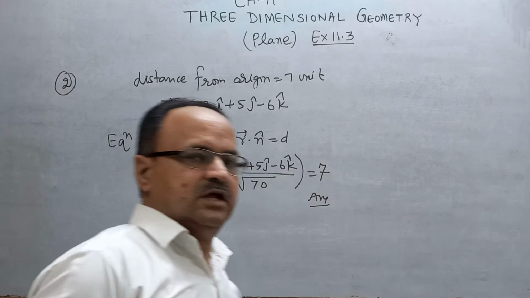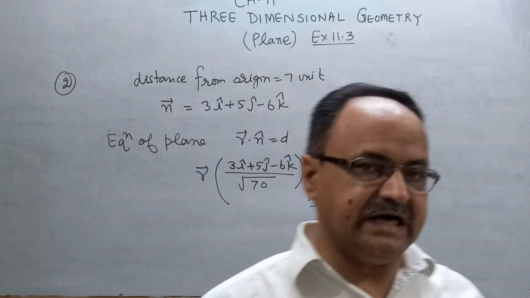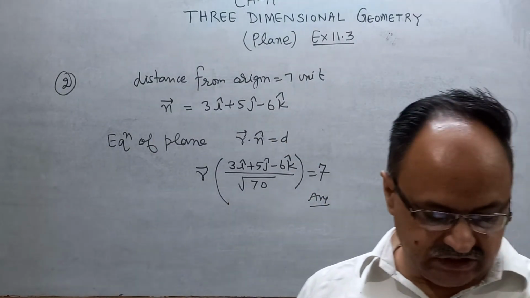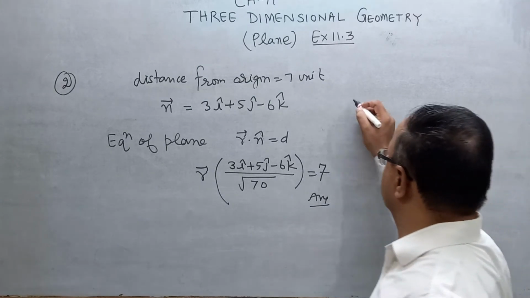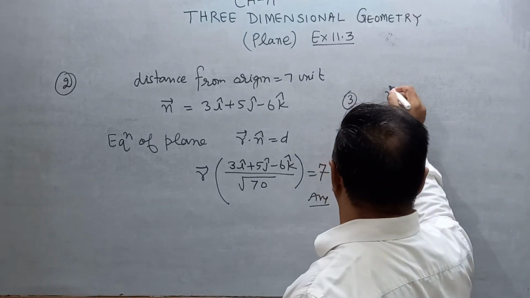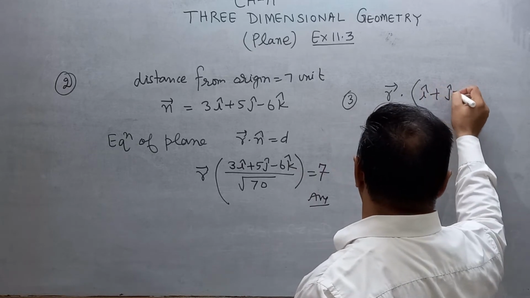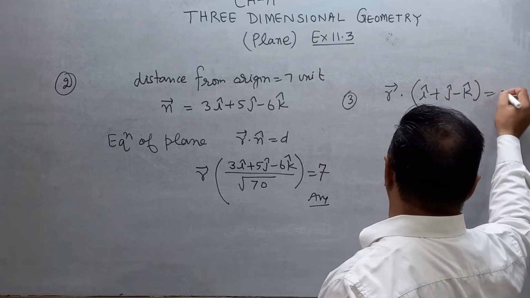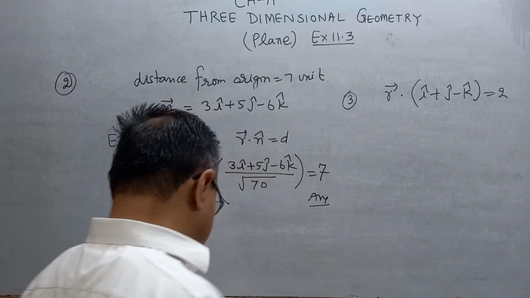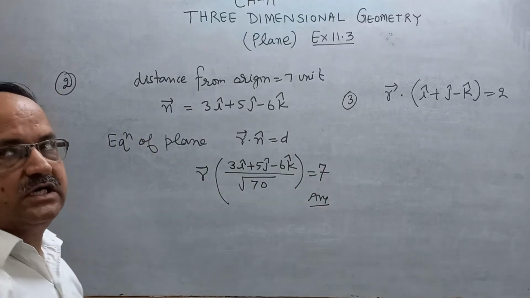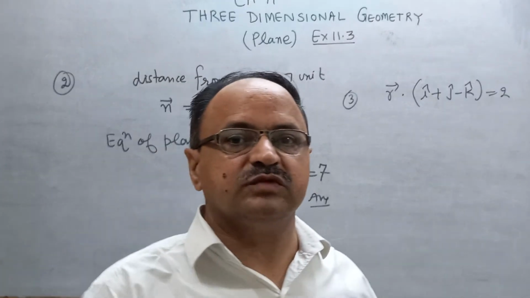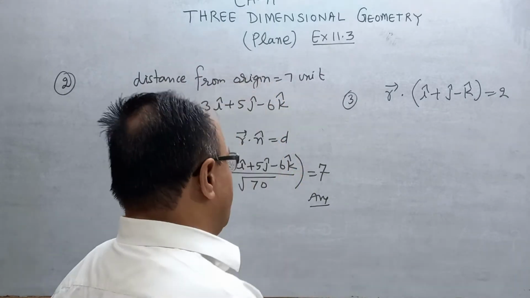Correct? Question number 3. Find the Cartesian equation of the plane. Vector r dot (i cap plus j cap minus k cap) is equal to 2. You want to find the equation of the plane in Cartesian form. This is the vector form. What is the value of r?